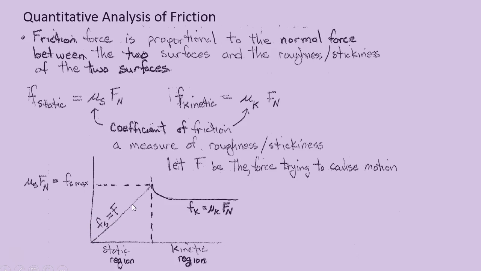In other words, if you push on the box with 50 newtons and this maximum static friction force is 100 newtons, the floor is not going to exert a friction force of 100 newtons if you're only pushing with 50 newtons. It is going to match the push force until it reaches its maximum and can't push any harder.